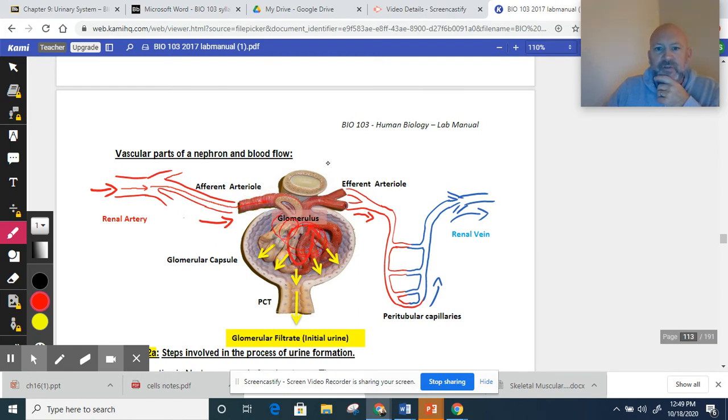As it spins around this circular or knotted arrangement, it's forcing the contents of the blood out and filling this space in this capsule that surrounds it, right? So this is going to be your filtrate. This is all filtrate. But a lot of that stuff ends up getting put right back into the blood. And then the blood leaves the glomerulus and goes through the efferent arteriole before it goes into the peritubular capillaries. And this would follow the loop of Henle and then eventually the DCT.